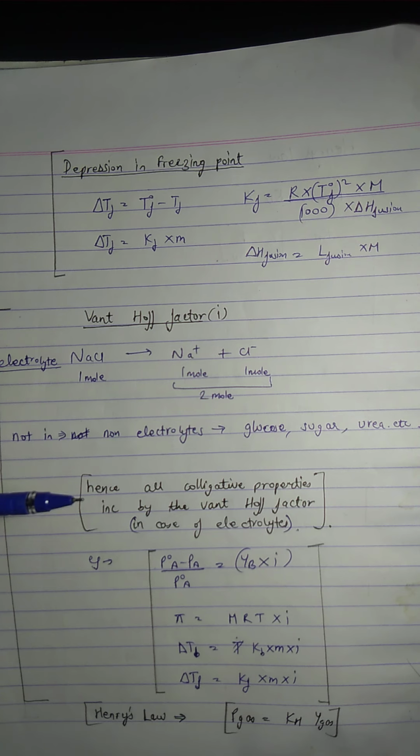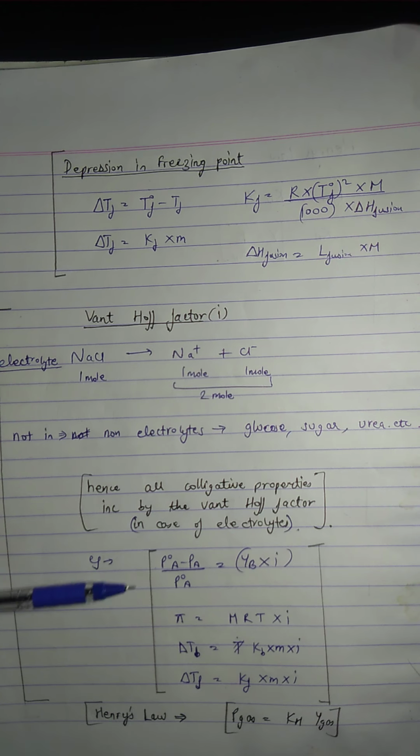Hence all colligative properties increase by the Van't Hoff factor in case of electrolytes. But this is not the case with the non-electrolytes like glucose, sugar and urea, which do not dissociate in the solution.